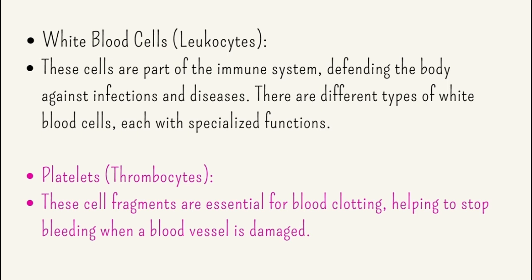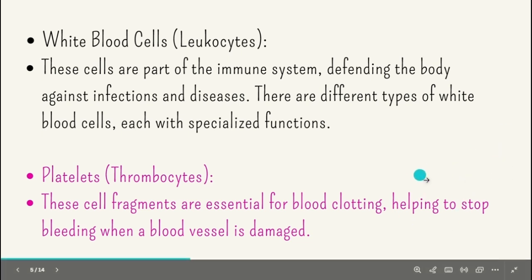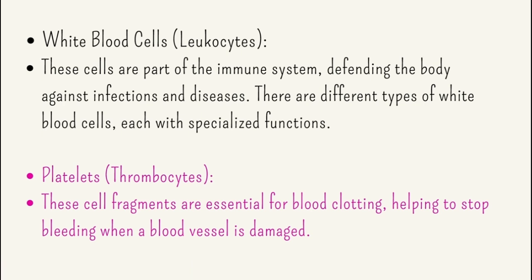So now, white blood cells. The main thing that you need to remember about white blood cells is that they fight infection and fight diseases, right? So for example, if you get a cut, these white blood cells are literally what would rush to the area.